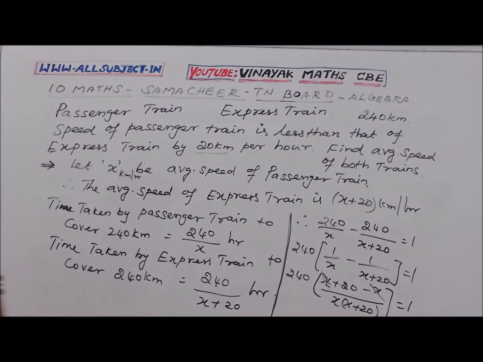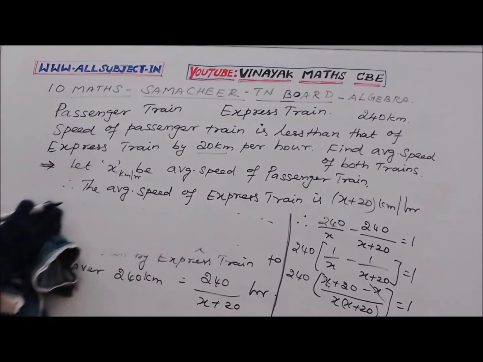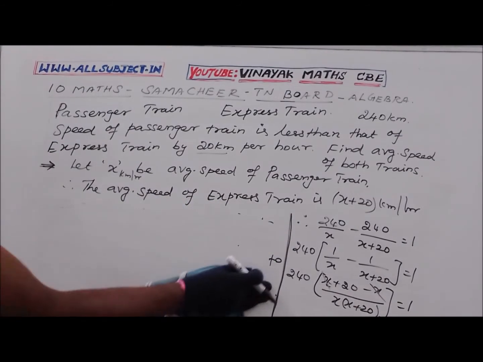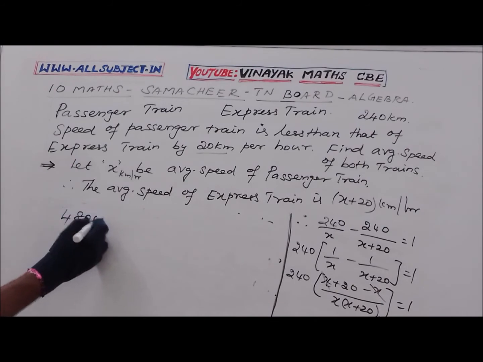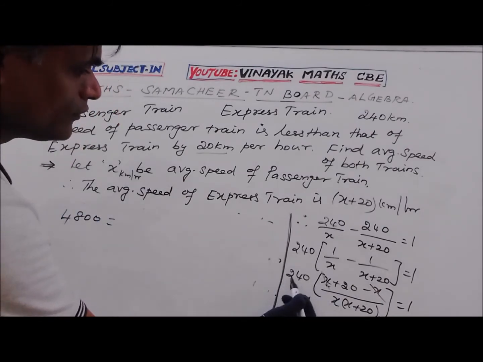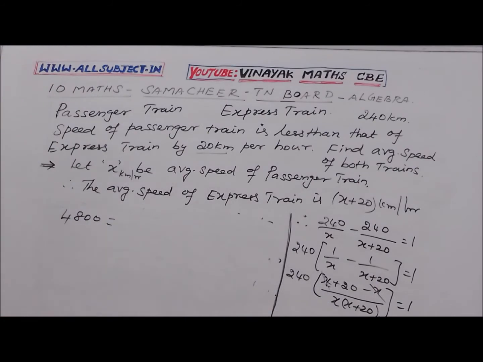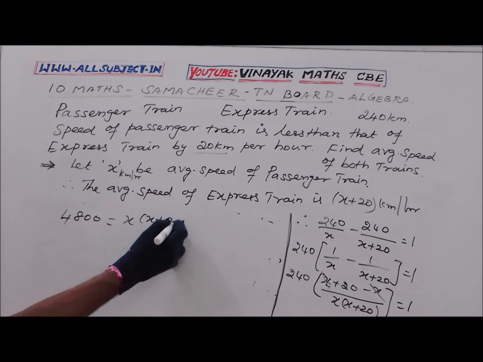Cross multiplying, 240 into 20 is 4800, equal to x into x plus 20.